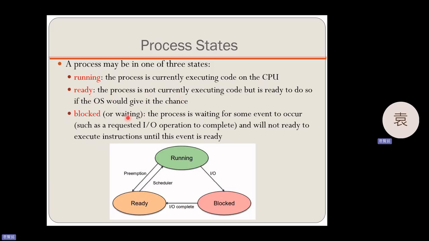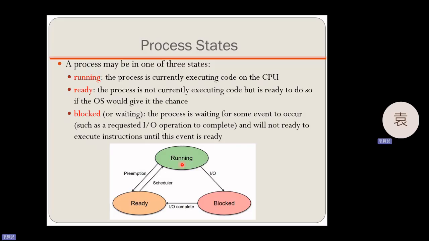The third state is the blocked or waiting state. It usually means this process is waiting for some external event to occur, for example, an I/O operation to complete. So it is not ready to execute instructions until this event is complete. A simple state transition diagram for a process in its life cycle looks like this.